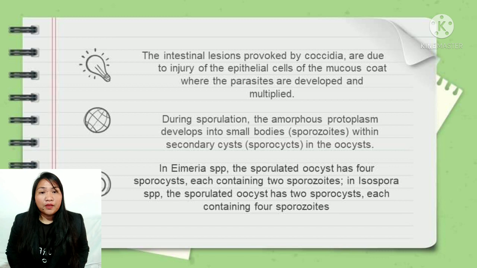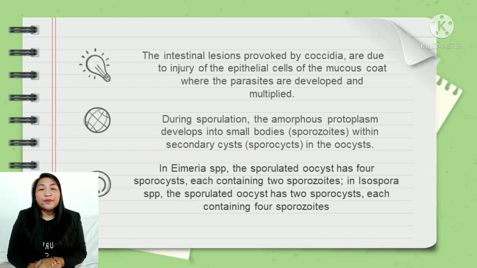Under favorable conditions of oxygen, humidity, and temperature, oocysts sporulate and become infective in several days. During sporulation, the amorphous protoplasm develops into small bodies or sporozoites within secondary cysts, sporocysts, in the oocyst.